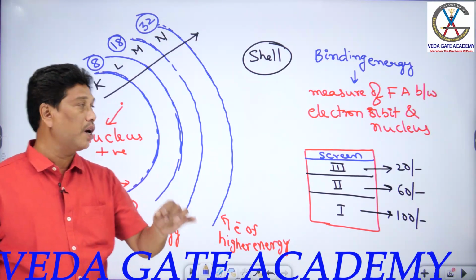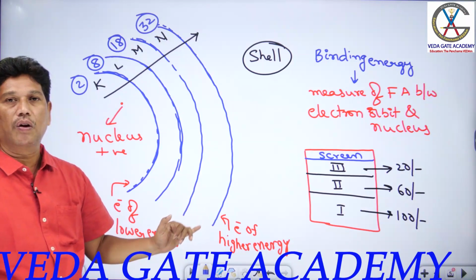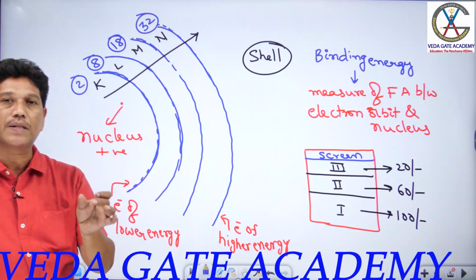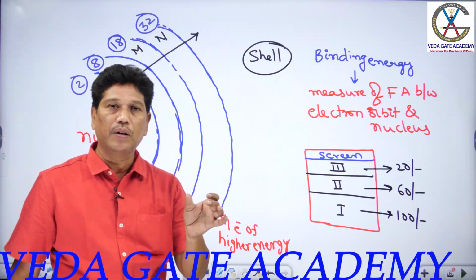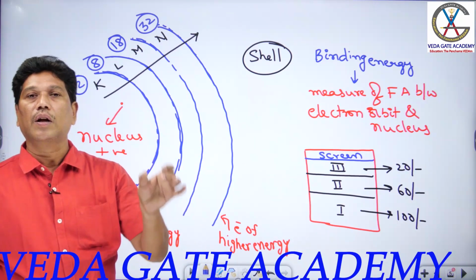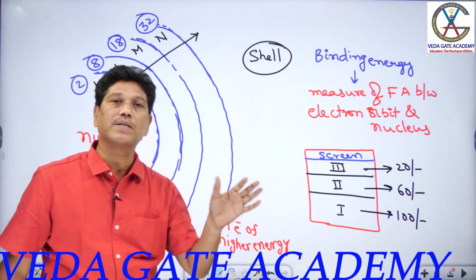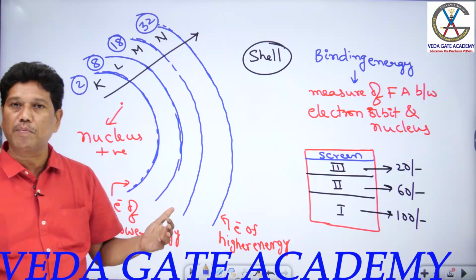Don't say N must be the outermost for all. Depending on the electronic configuration, any cell may be the outermost for a given atom.